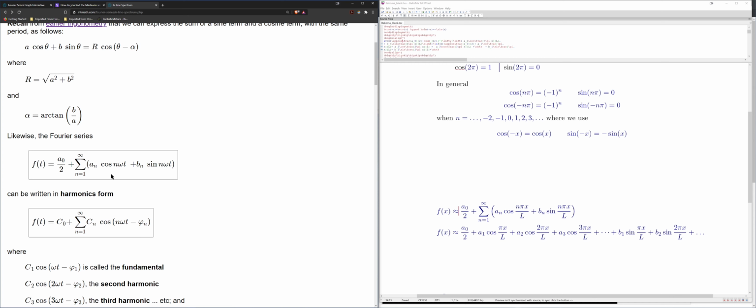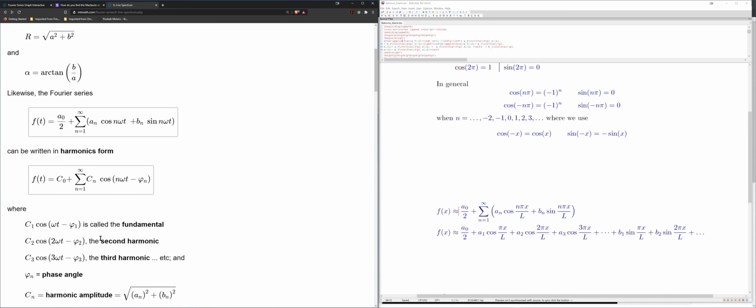So what I'm doing is grouping the cosines and sines into a single cosine that's representing the frequencies. And the idea now is that when n is equal to 1, I have the fundamental, and when n is equal to 2, I have the second harmonic. n equal to 3, I'm going to get the third harmonic out of this, right?